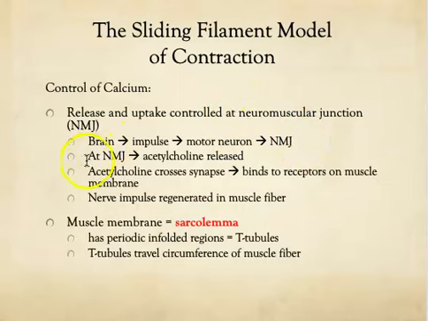At the neuromuscular junction, acetylcholine is going to be released because acetylcholine is the neurotransmitter that is used at the neuromuscular junction. The acetylcholine is going to travel across the space in the synapse, that synaptic cleft, and it's going to bind to receptors on the postsynaptic cell, the muscle fiber.